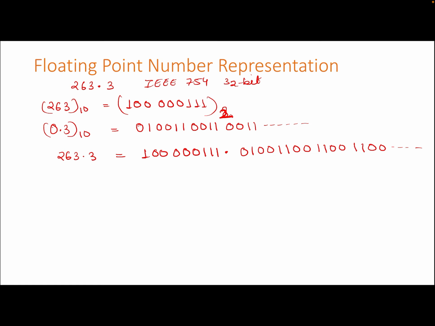I will write this number in a normalized form. This is my first step. So first write this number in a normalized fashion.